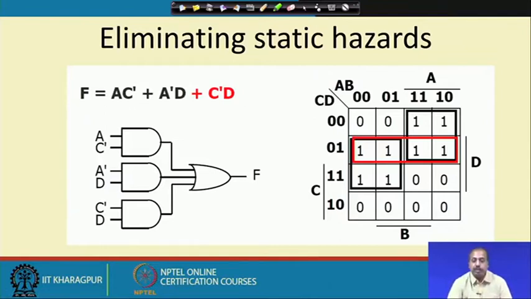This way we can eliminate the static hazard by adding redundancy. We are going a bit counterintuitive: for Boolean function minimization we do not allow this type of extra quad or square formation, but for eliminating the static hazard we do the other way. We allow these extra terms so that these hazards are not there.